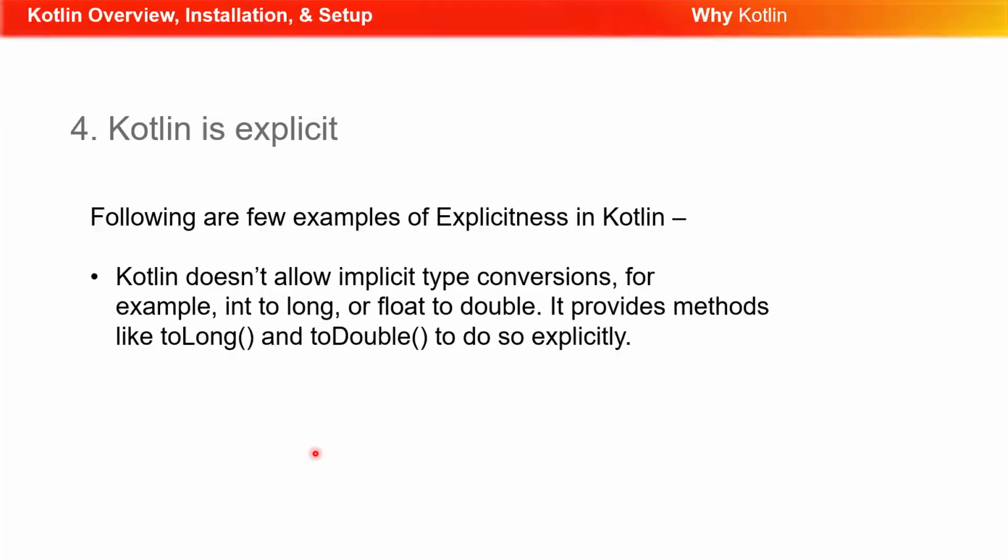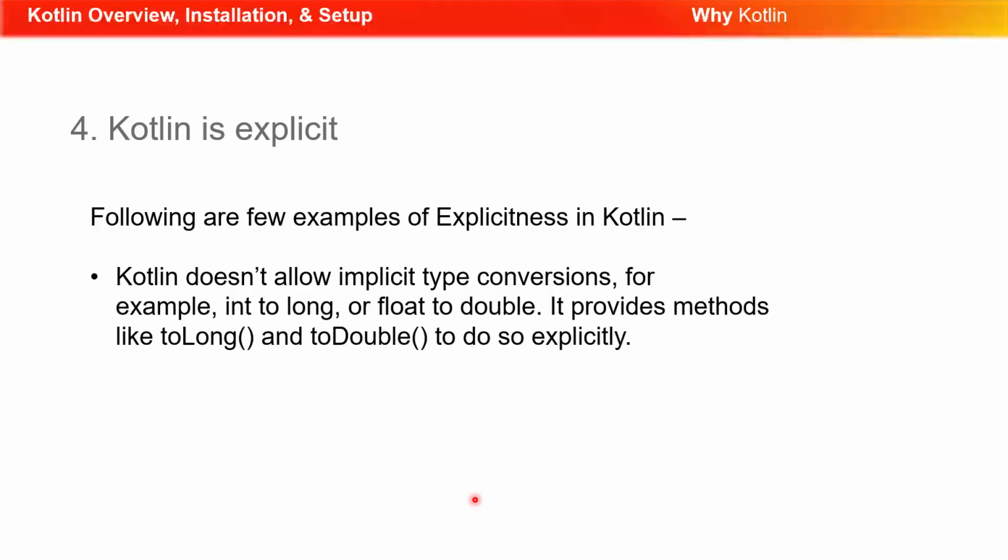And Kotlin is also explicit. Kotlin does not allow implicit type conversions like Java does. I'm sure many of us are aware of classes and objects in Java, where the math class, or the math object, is a good example.